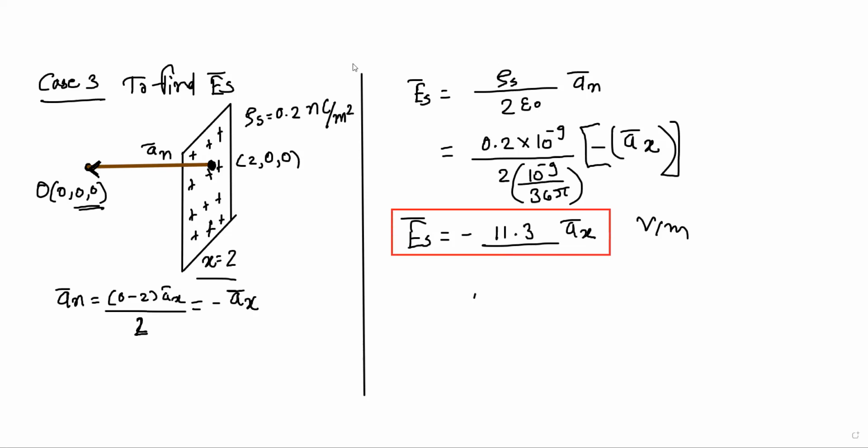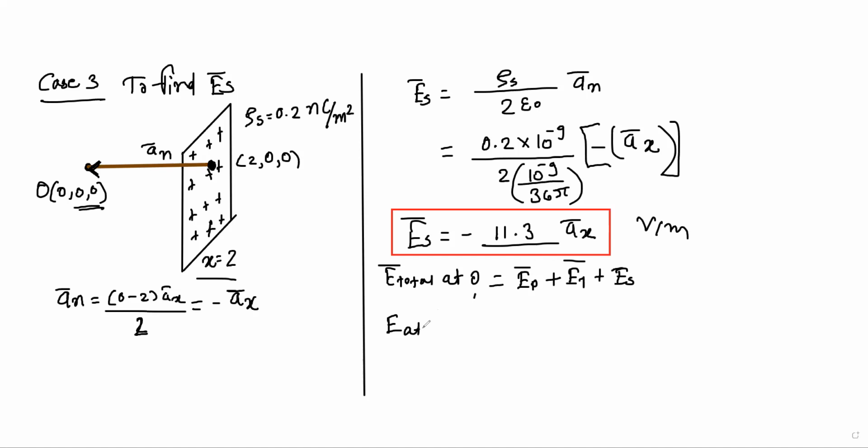So once again, I am going to write here E bar total at origin is equal to E P bar plus E L bar plus E S bar. So we got all the values.